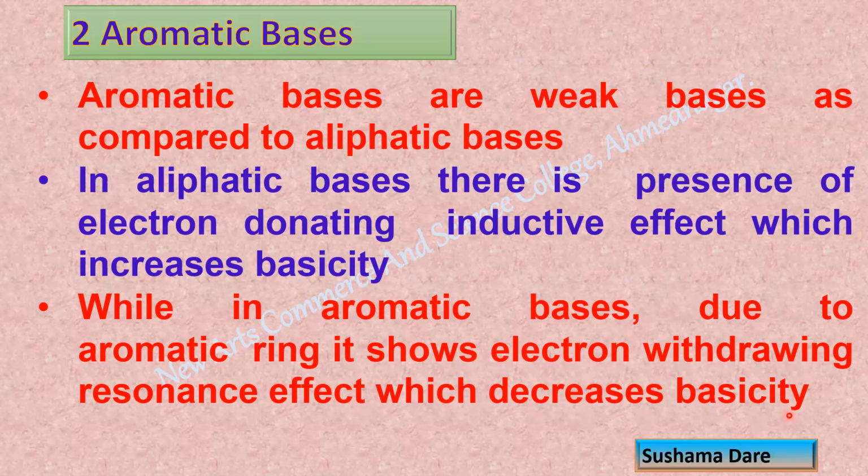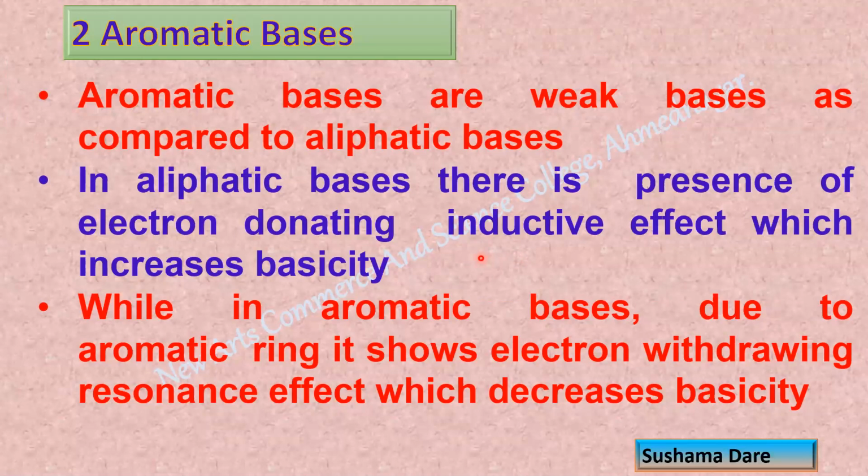Remember, this is not always true. It depends, again, on whether other effects are present. No doubt, in the case of aliphatic bases, there is an electron donating inductive effect shown by the alkyl group, but if that alkyl group is attached to an electron withdrawing group, then you can see a different scenario.